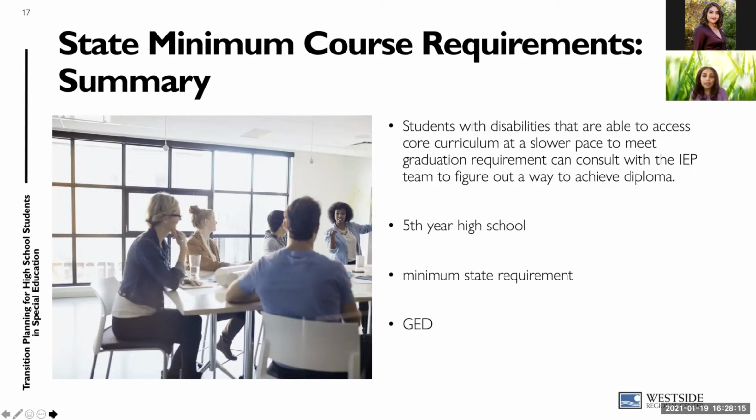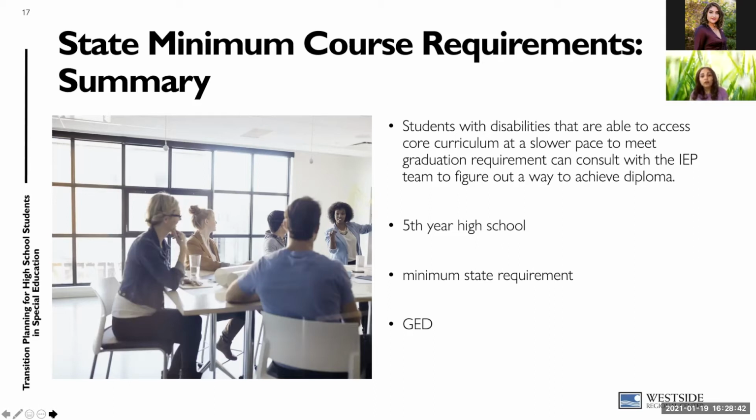In some cases, if a child is only 1 or 2 classes short, they should be able to walk with their peers and graduate on time and use the summer after graduation to complete those courses. They would not be allowed to get the diploma until they complete their required courses.